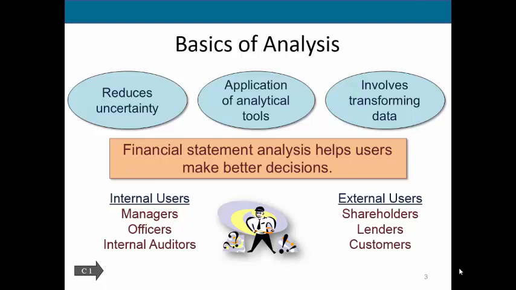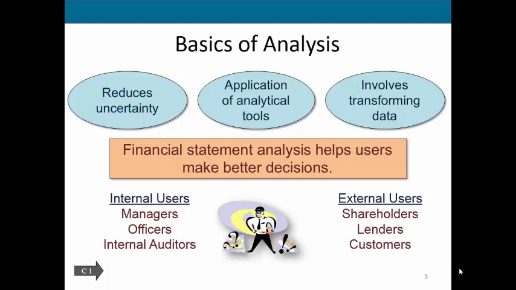We also can apply certain analytical tools that we're going to look at to help understand where we're at. And we're doing this by helping to transform the data, by looking at ratios or different types of financial statement analysis that we'll look at as we move through the next couple slides.